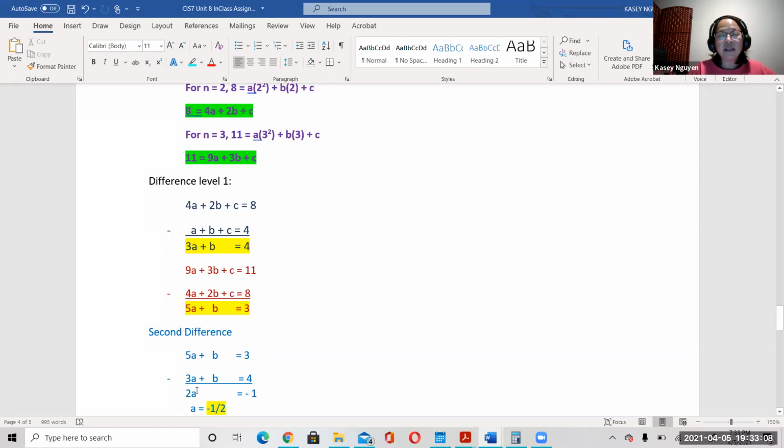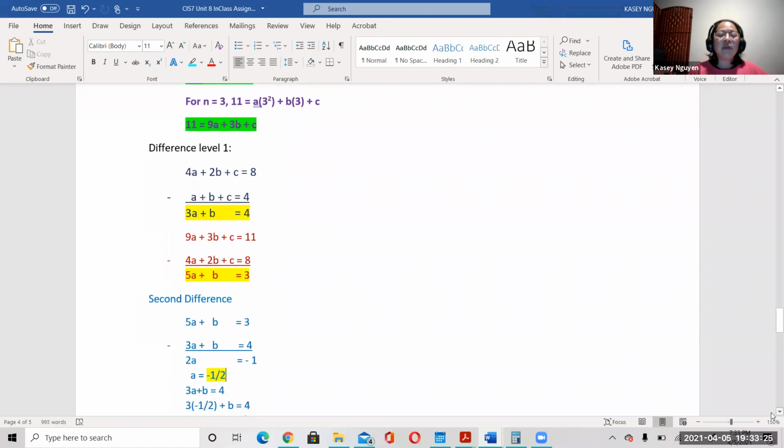So now I can solve for a, and that's the objective, right? We said that when we subtract to get these level of differences from level 1 to level 2, our goal is to solve for a, b, and c. So at this point, you have a is equal to -1/2, because I would take -1 divided by 2 to solve for a, and that will be -1/2.